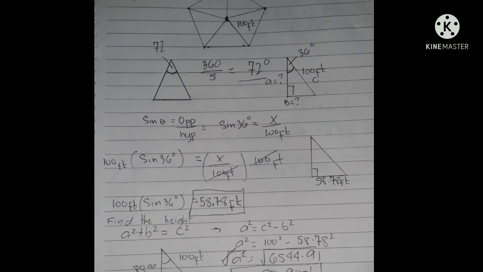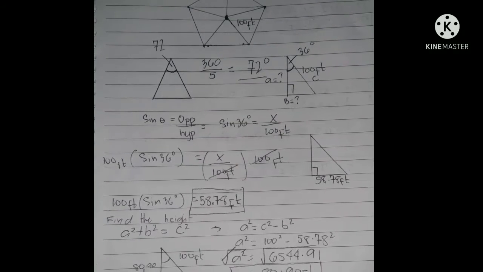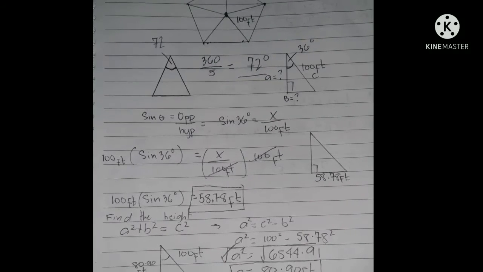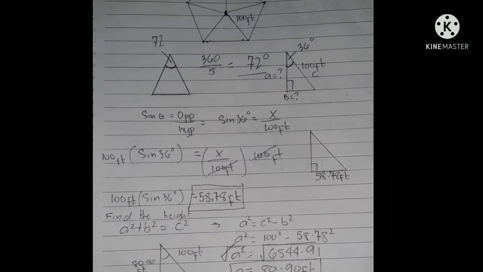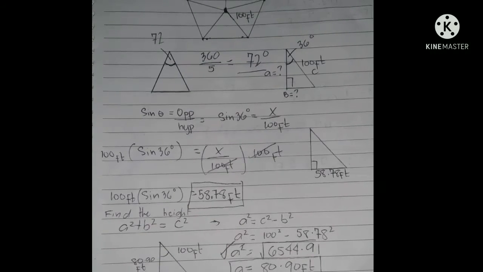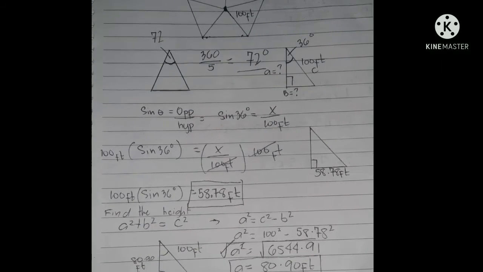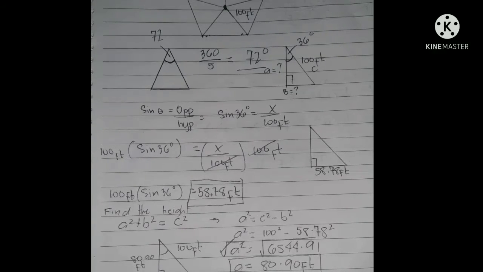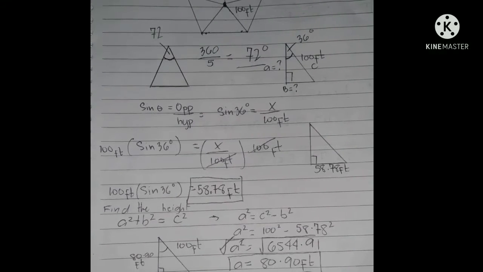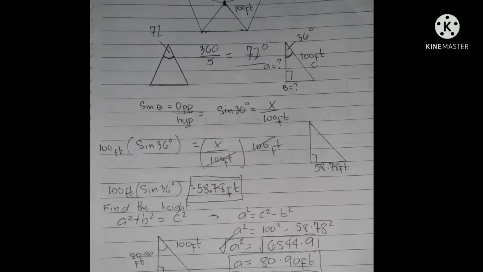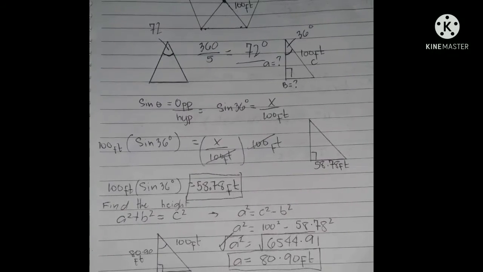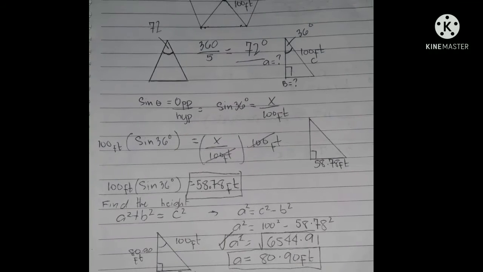So now we can cancel our 100 feet, and we will get 100 feet times sine 36 degrees equals x. So let's solve that. 100 feet times sine 36 degrees in our calculator equals 58.78 feet. So now, since we have our opposite, or our b, we can now solve for the height of our triangle, or the adjacent.